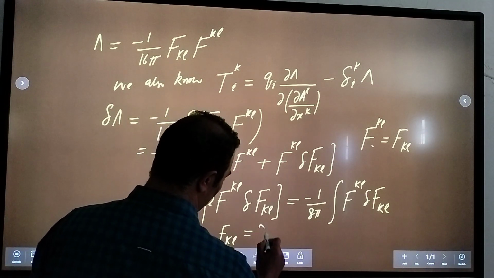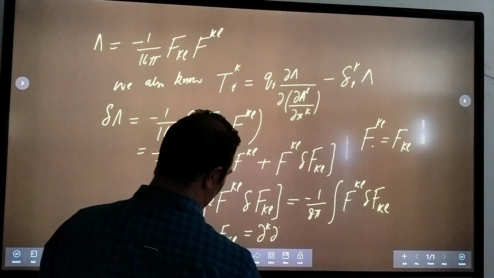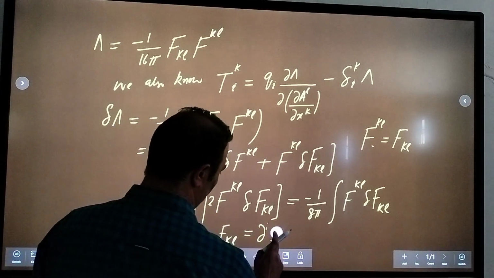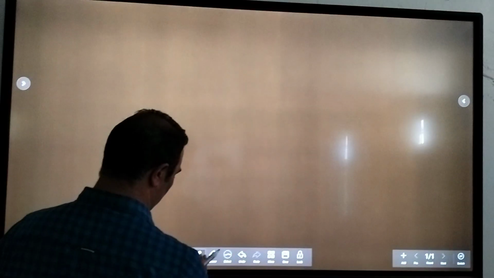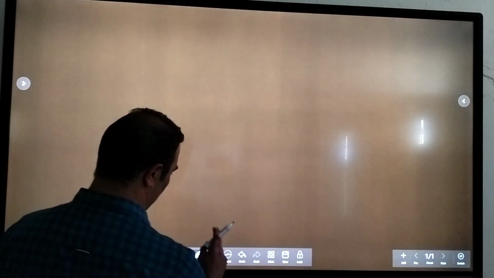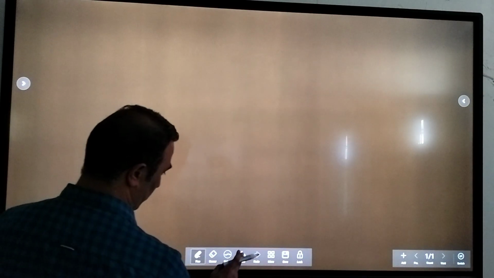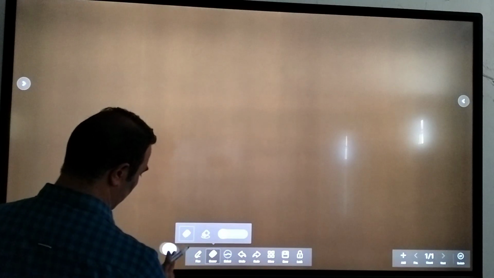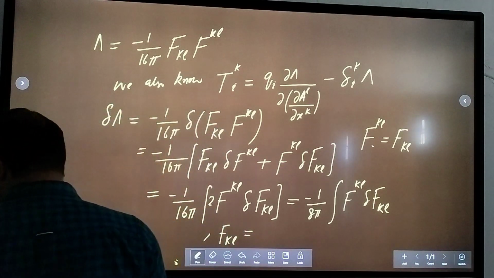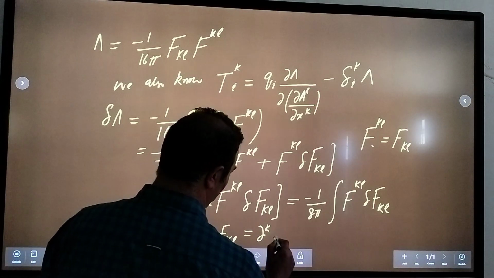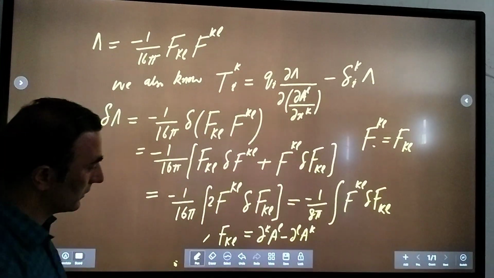So this will be equal to partial k partial L. Okay, so I can write this as partial k A L minus partial L A k. Right, so I can write this electromagnetic field tensor in this form.